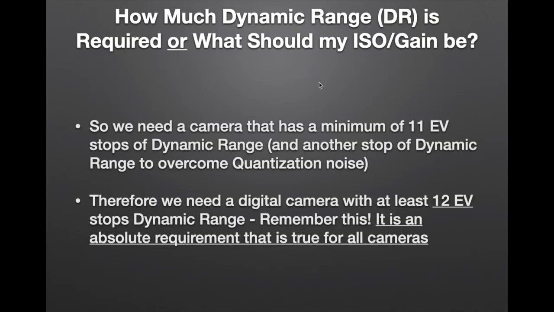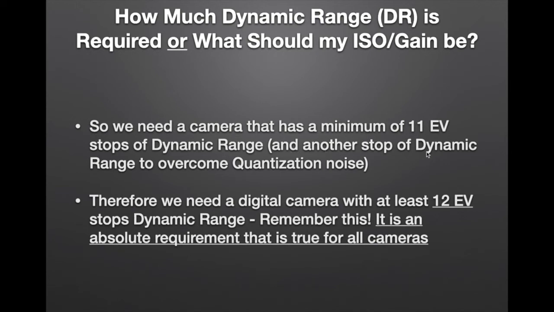Let's talk about dynamic range. So we need a camera that has a minimum of 11 EV stops of dynamic range. As I showed you in the earlier slide, the 40 by 40 to 1 ratio, 1600 to 1, gives you 11 EV stops of dynamic range of SNR requirement. And as I said, you want your dynamic range to be at least your SNR requirement.